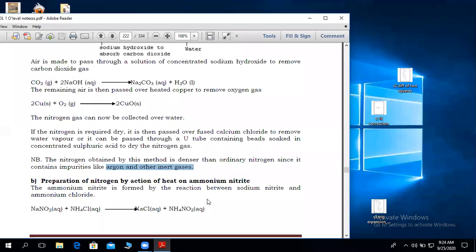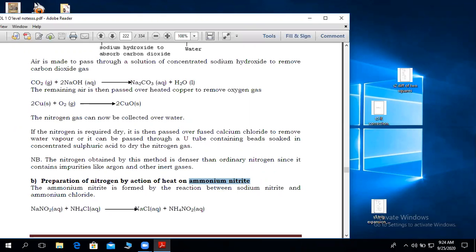Preparation of nitrogen by action of heat. Nitrogen can also be prepared by heating ammonium nitrate.